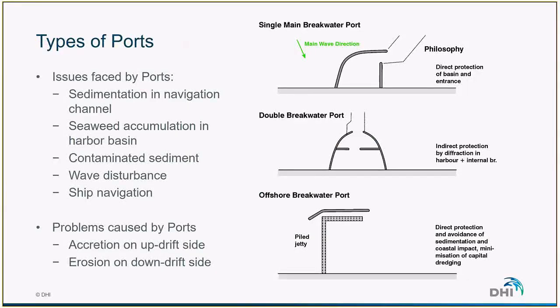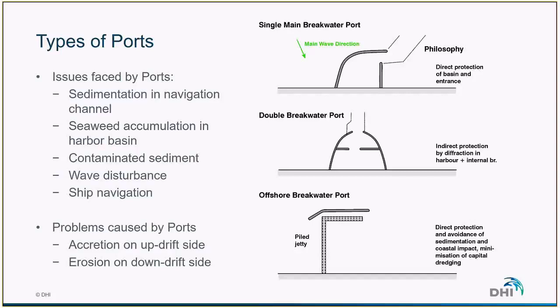And it's important when deciding on the design of a harbor to make sure that it will have as little impact as possible on the neighboring or adjacent stretches of coast. And here we have a summary of some of the issues faced by the port.